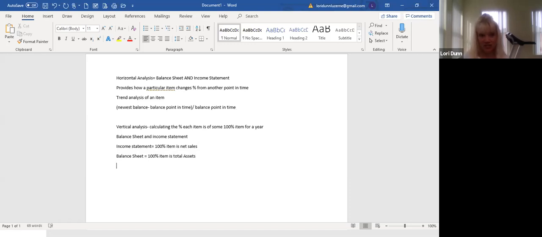So your calculation is always the individual item balance divided by either net sales or total assets, depending on which financial statement you're completing the vertical analysis for.